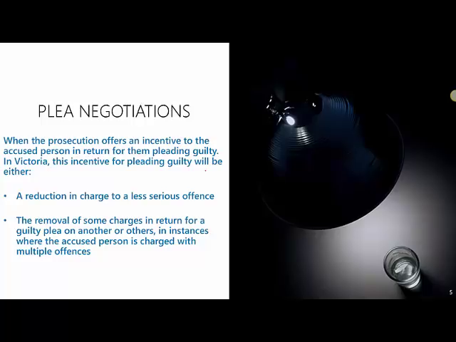Or how about you plead guilty and we'll cut it down from this charge to another one and make sure that you don't go to jail at all. Whilst the essence of what's going on in that situation is what plea negotiations are like in Australia, there are a couple, or in Victoria, there are a couple of distinctions that I'll unpack now.